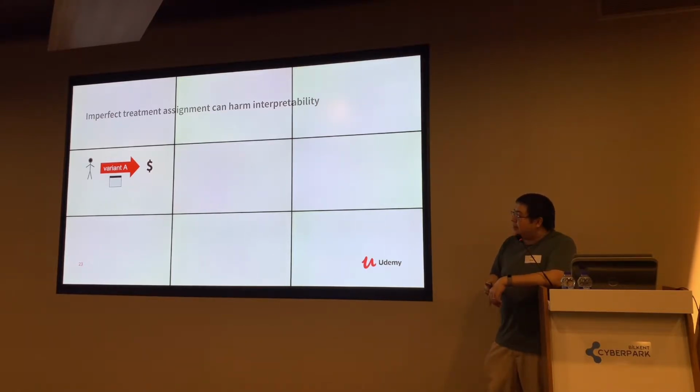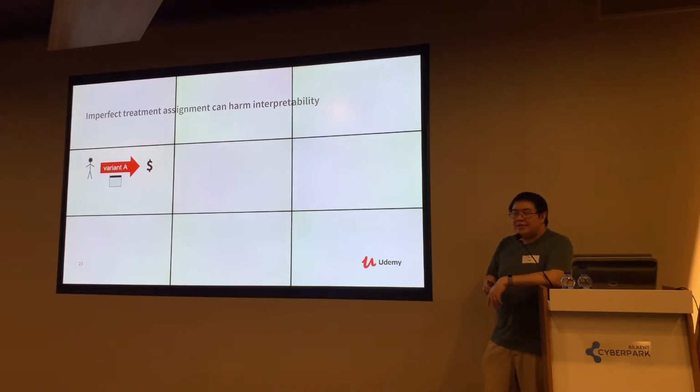So a user comes in, and they see variant A, and then after some amount of time, based on variant A, they decide to purchase a course on our site. Right? So this is simple enough. We know that this user was bucketed to the A variant of the experiment.